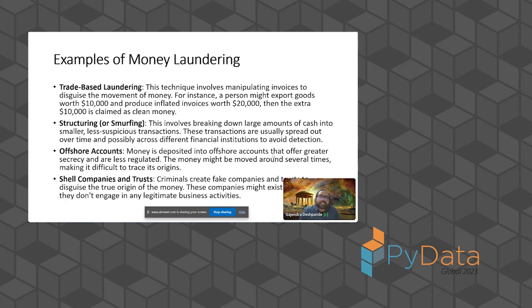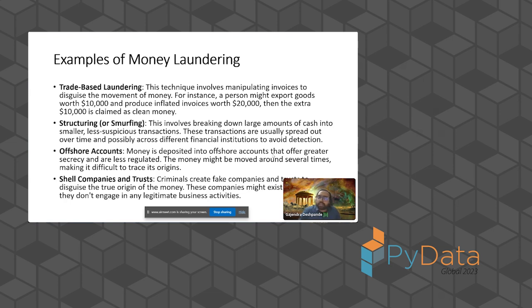Then there's something called structuring or smurfing. This involves breaking down large amounts of cash into smaller, less suspicious transactions. These transactions are usually spread out over time and possibly across different financial institutions to avoid detection. In our solution, we are going to focus more on structuring or smurfing, so we are going to detect such cases.